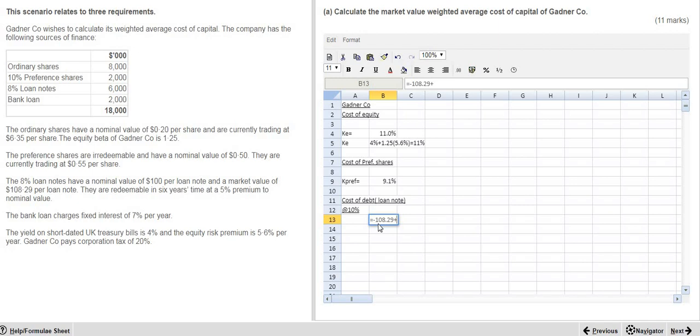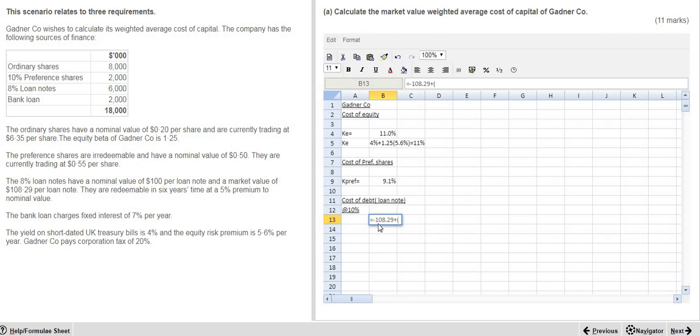Plus, I'm going to open bracket again. Now, the interest is how much? Remember, it's the coupon multiplied by the nominal amount. What is the coupon here? The coupon is 8%. The interest is always the coupon multiplied by the nominal amount, here 100.